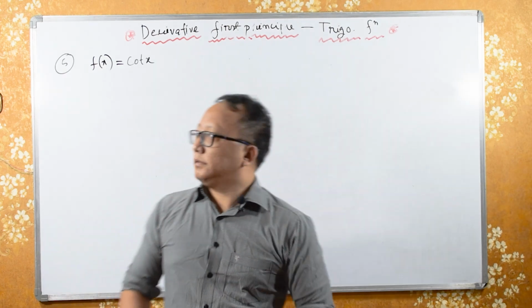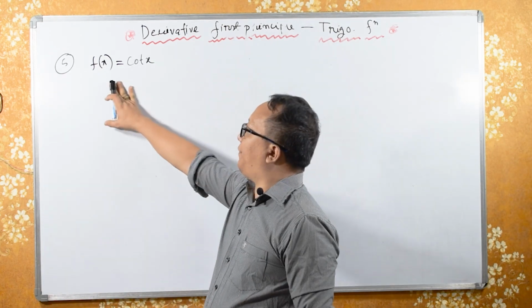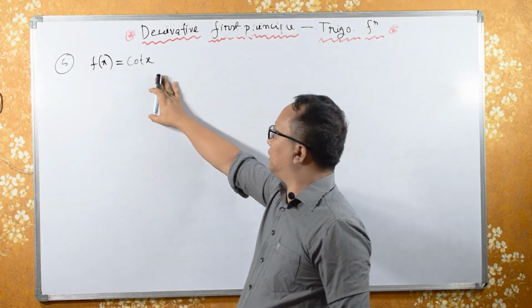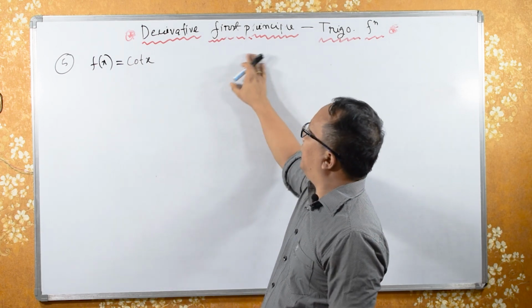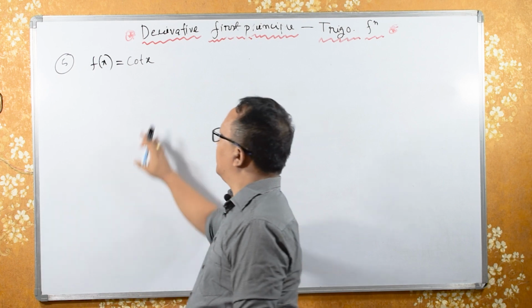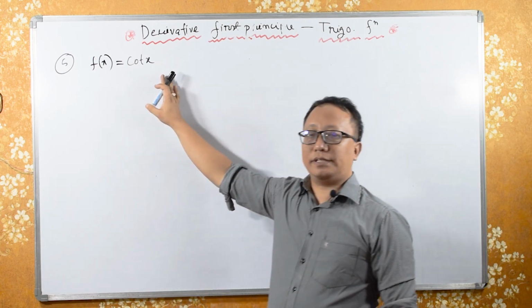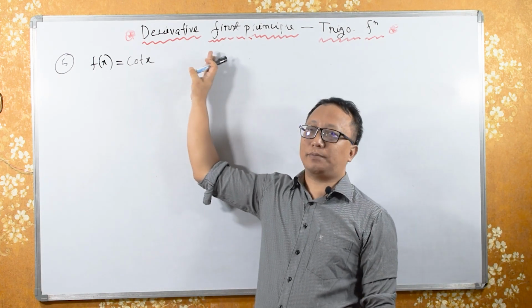Now, the next sum is f(x) equals cot x. We'll find it out by first principle. Similarly, this f(x) is given, so we need to find f of x plus h.